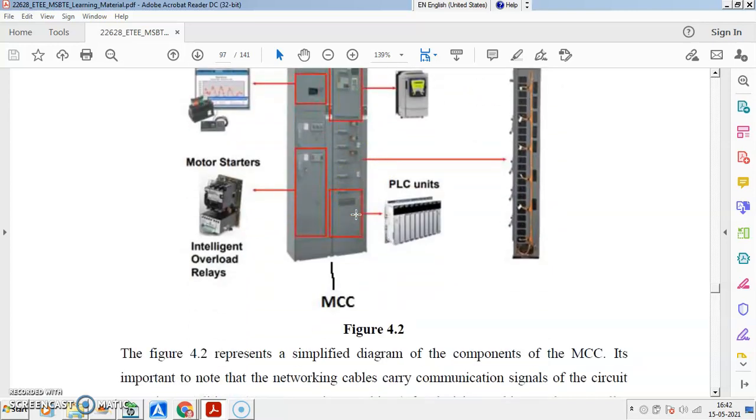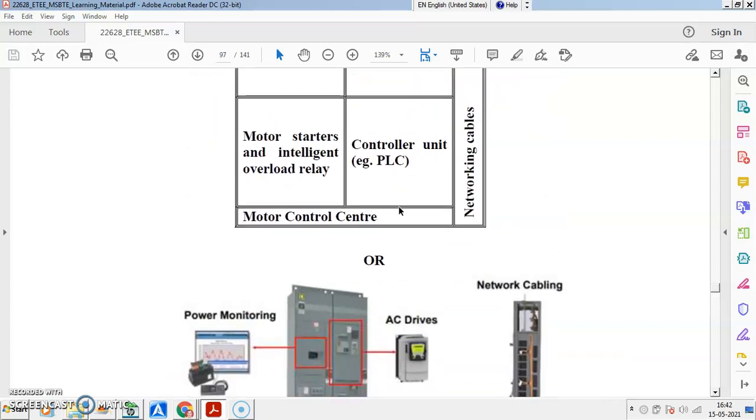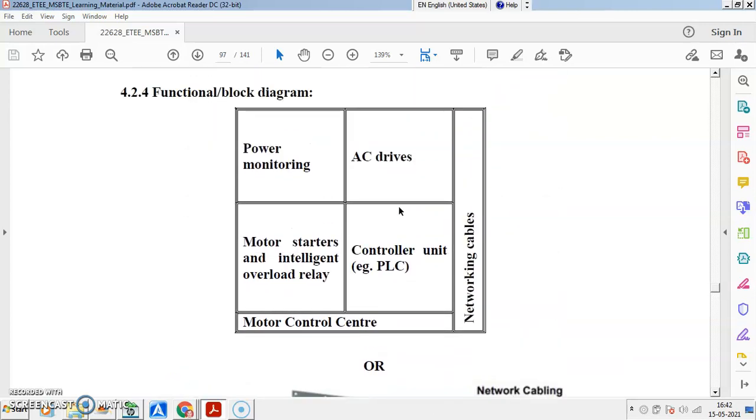Okay, so this figure is showing you the components and functional block diagram. You have some major blocks: power monitoring block, drive block, maybe AC, maybe DC, motor starters, intelligent overload relay unit, control unit or controller unit, PLC, networking cables, and motor control center.